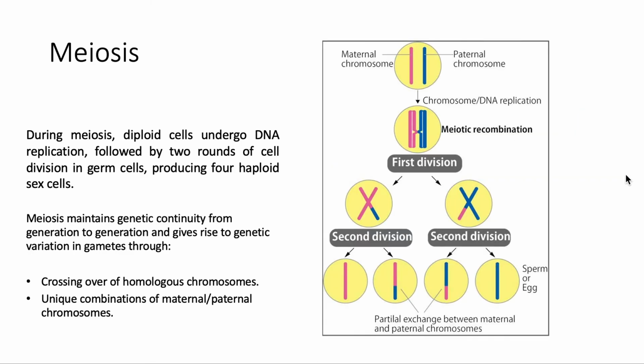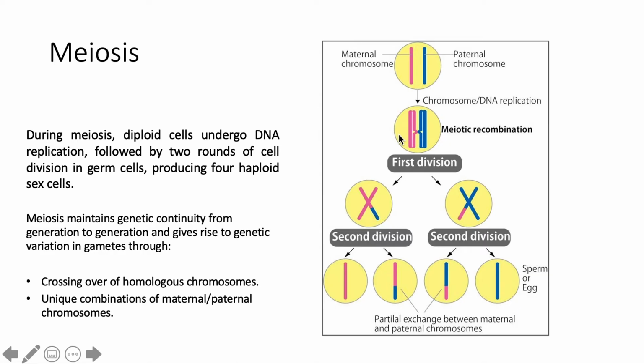On the other hand, we have meiosis, and meiosis starts with one cell that has a maternal chromosome and a paternal chromosome. Before the first division, because meiosis has two divisions, there is the recombination, and that recombination is so important because it causes genetic variation in the progeny.